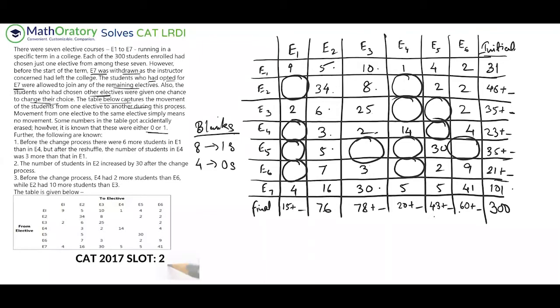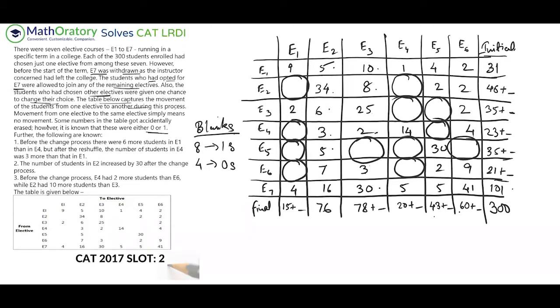So out of the 12 blanks, if we need a total of 8 more, so 292 plus 8 is 300, right? So there have to be 8 blanks which are going to get 1, but that indirectly also implies that there are 4 blanks which are going to get zeros. So this is what we know initially before even going to the additional information that is provided.